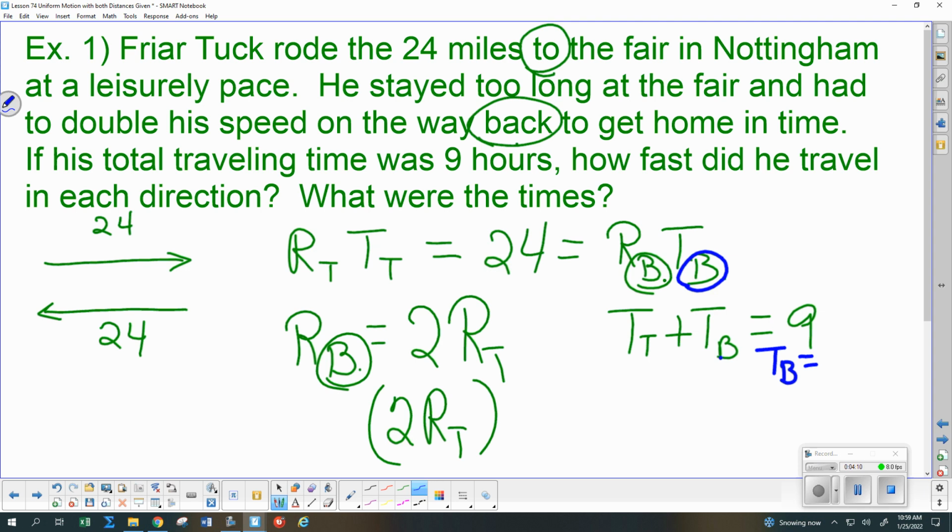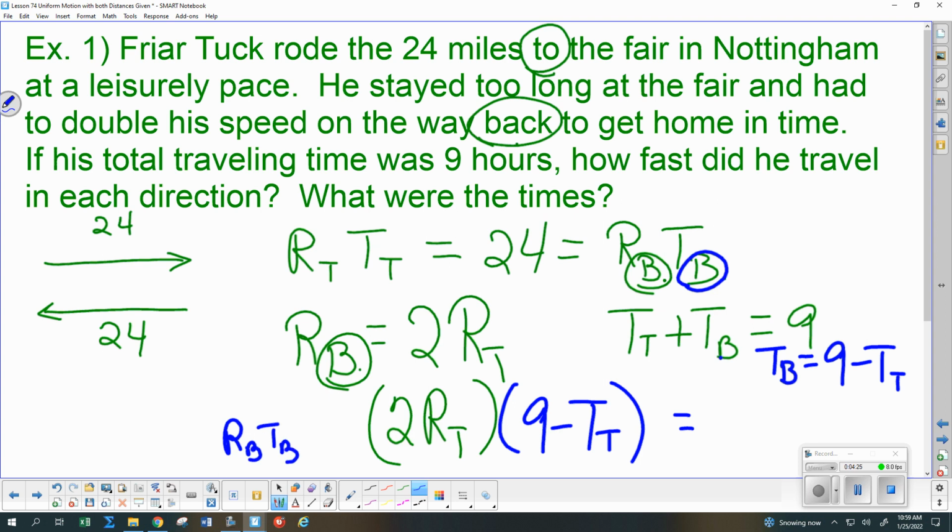So 9 minus TT. So far, is everybody good with that? Okay, now I started off with this being my RB TB equals that, and I've substituted in. Do you think it's going to be more helpful to have this thing equals 24 or equals something with some other variables in it? I think it's going to be more helpful here to say it equals 24.